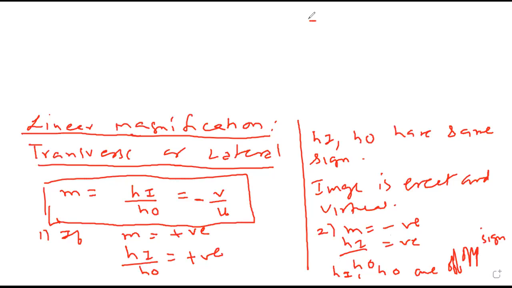Real. So image is real and inverted. Inverted means if the object is downward, image will be upward; object upward, image downward. So for real image, always m is negative. For virtual image, m is positive. These two conditions.